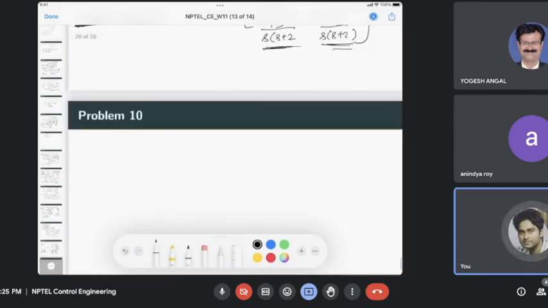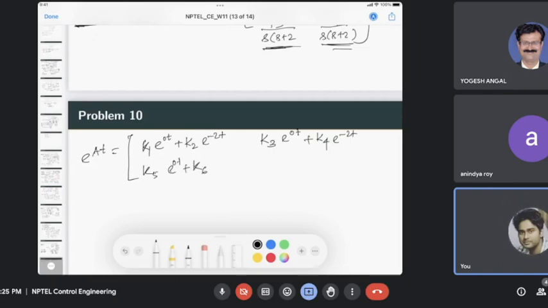But only this coefficient we don't know. So what we can do is assume this form to be k1 e to the power 0t plus k2 e to the power -2t, then k3 e to the power 0t plus k4 e to the power -2t, k5 e to the power 0t plus k6 e to the power -2t, k7 e to the power 0t plus k8 e to the power -2t.